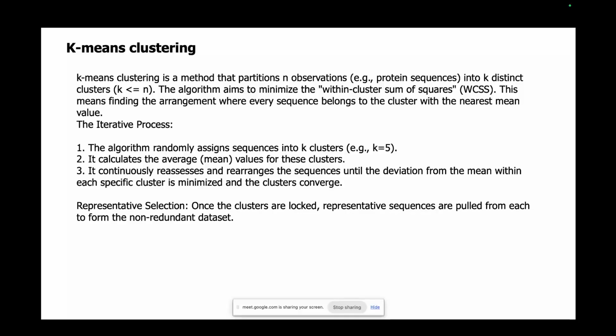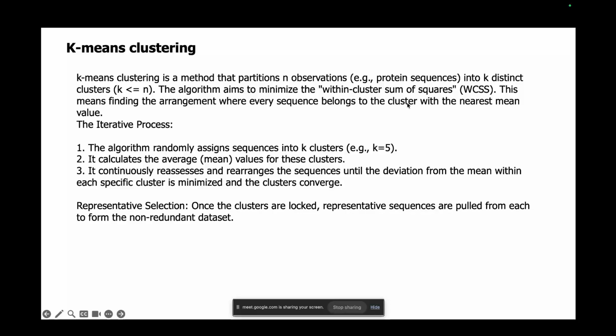You are randomly assigning them into one cluster, and you are seeing how much the mean is changing from the random clusters you have assigned to the actual mean of the set of protein sequences that you are attaching to one cluster. So based on the differences, you calculate this particular thing, within cluster sum of squares.